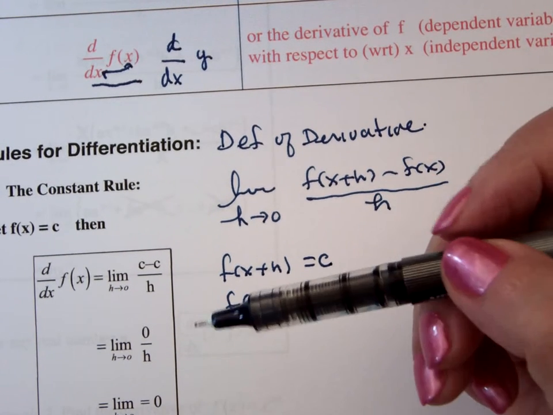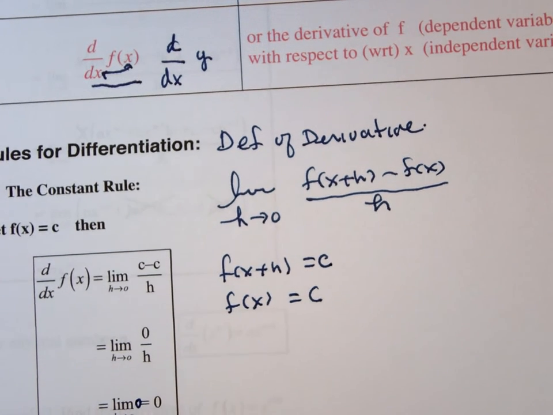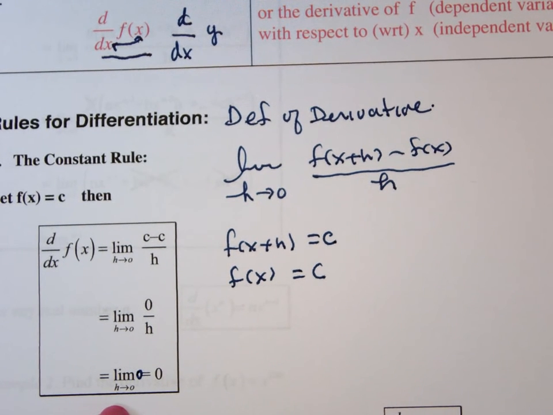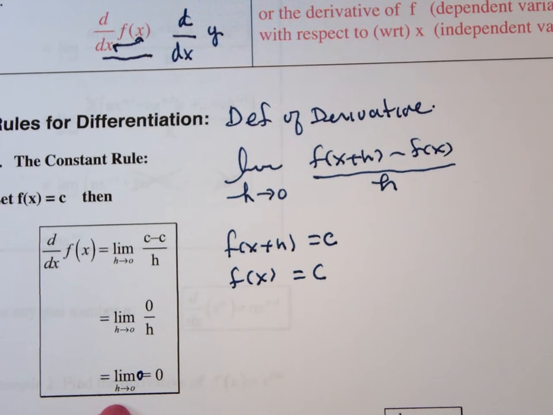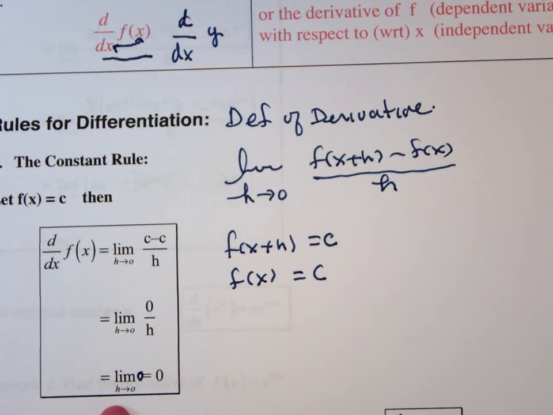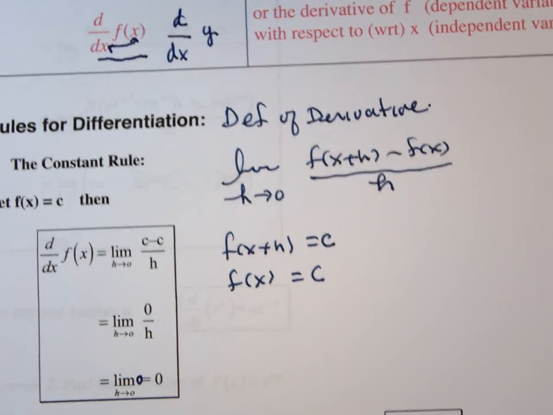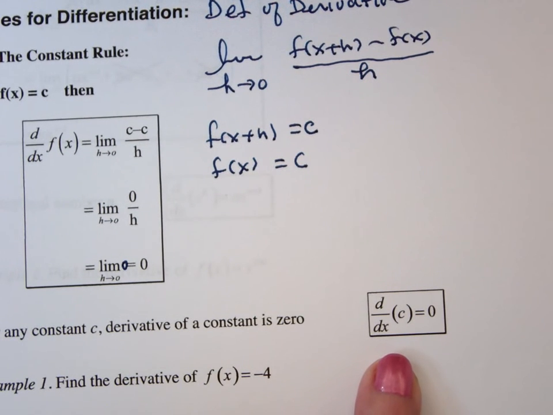And the limit as h approaches 0 of 0 equals what? The limit as h approaches 0 of 0 is 0. Is there an h at all in 0? It's a constant. Now, what is it telling me? The derivative rule is that the derivative of a constant is 0.